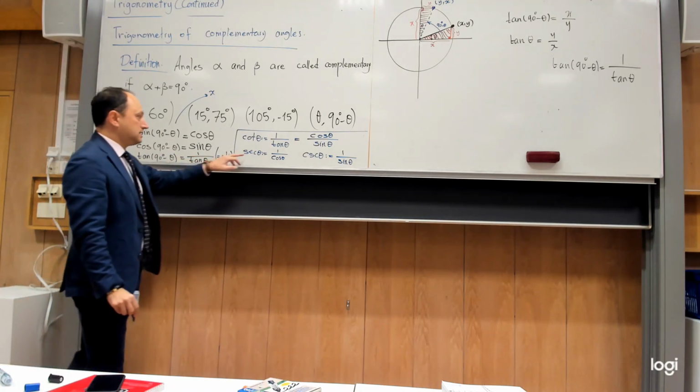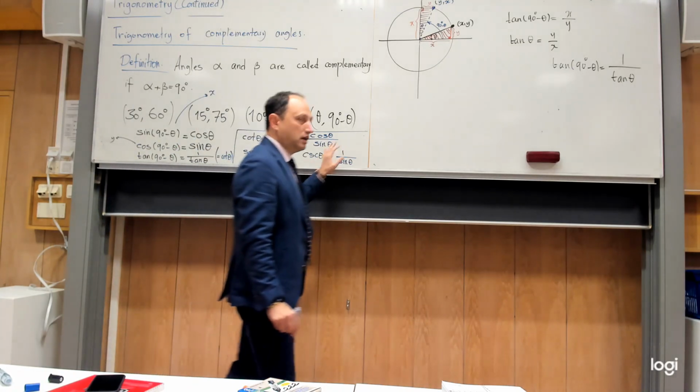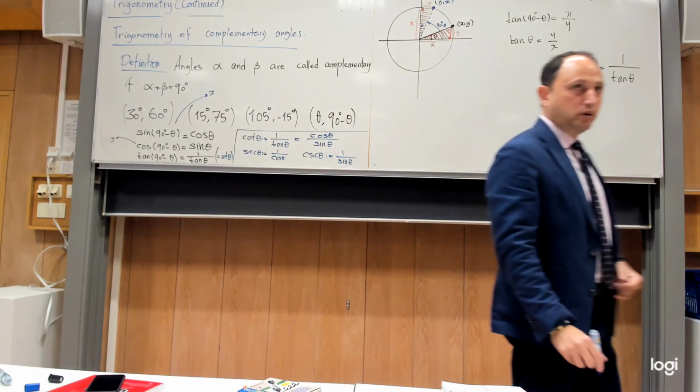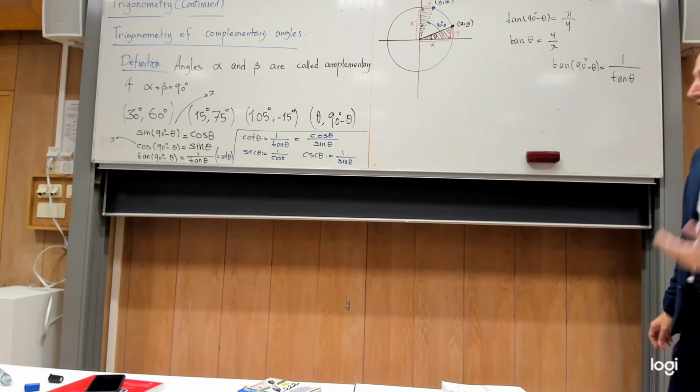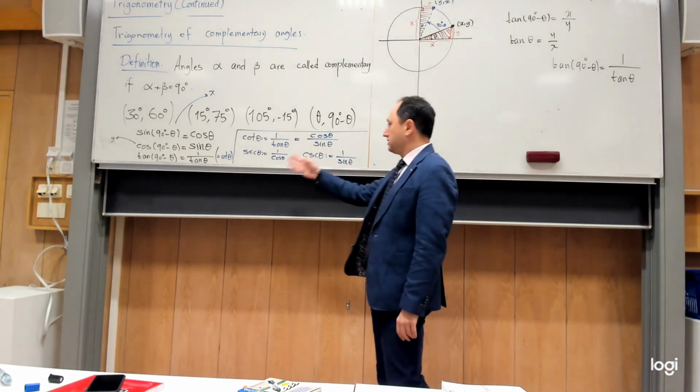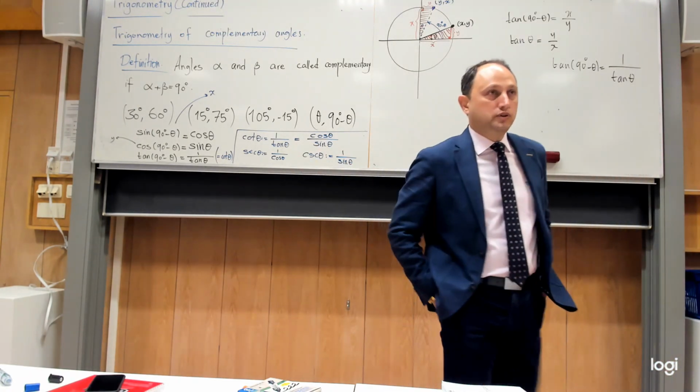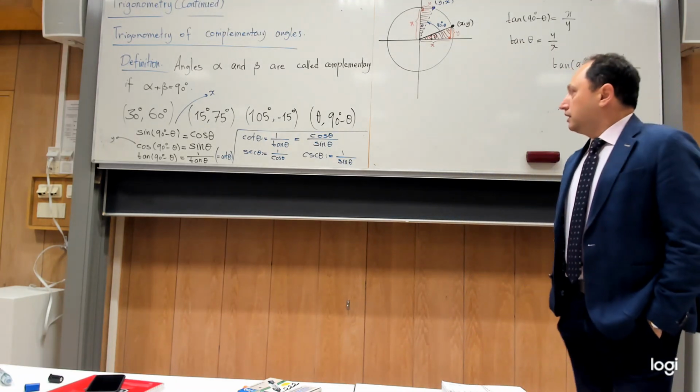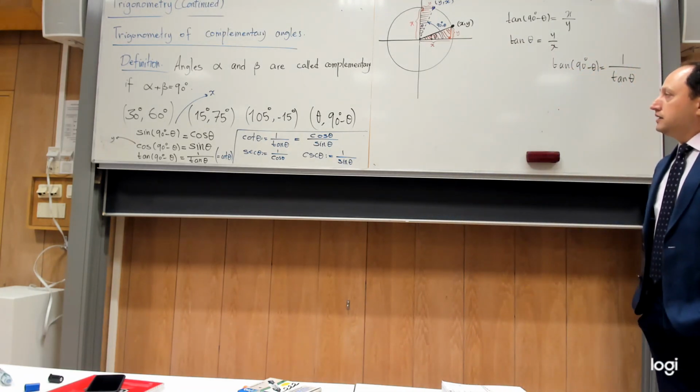Cotangent, secant, and cosecant I've just given you as extra information. It's good to know about them. Of course, in the university, you always start working with cotangent, secant, and cosecant. They would be very important. Okay, so is that understandable?